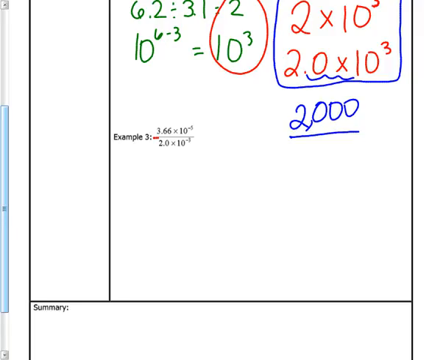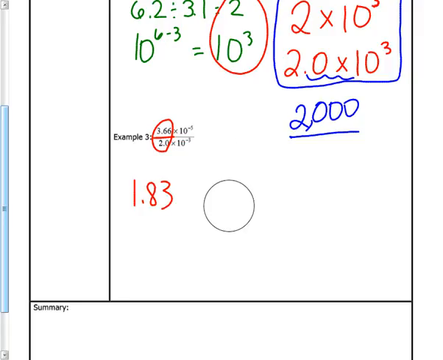So again, I have division, and I know it's division, remember, because if we see this fraction bar, fractions represent division here. So we want to divide these two numbers, 3.66 divided by 2.0, and we get 1.83.